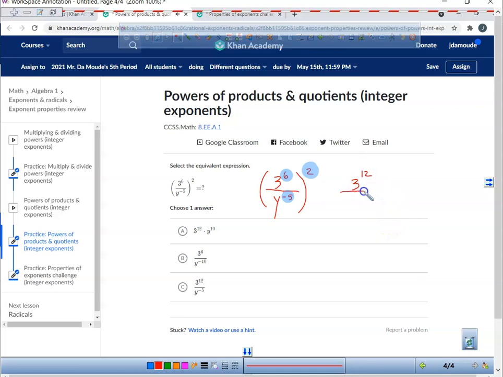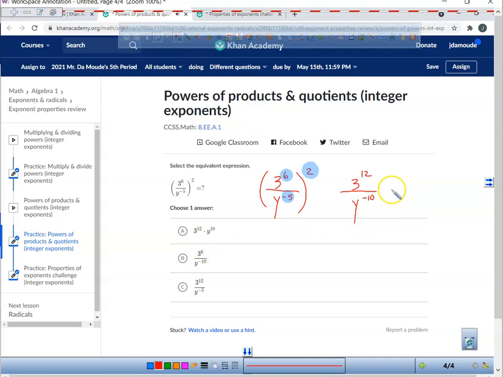Very good. What am I going to have in the denominator? Y to the power of -10. All right. Now, understand, there's y to the power of -10, but what does that say? 3 to the power of 6. That's not right.